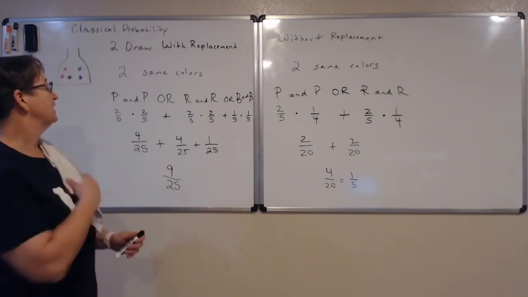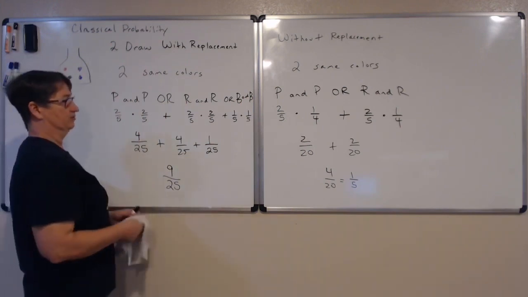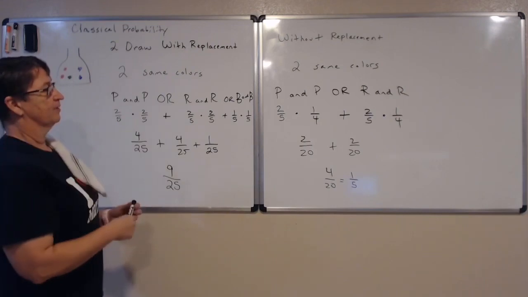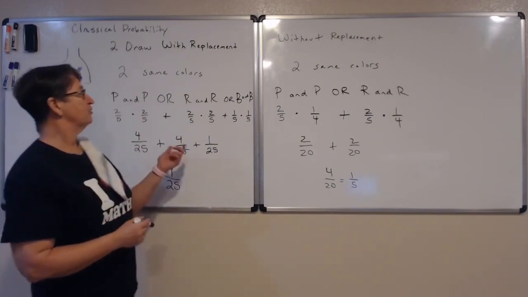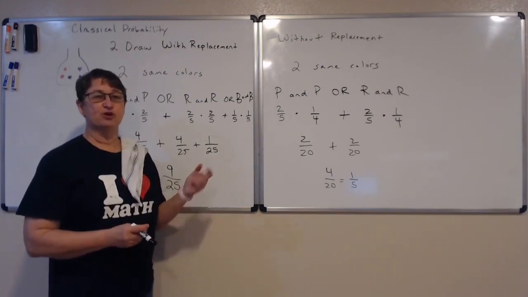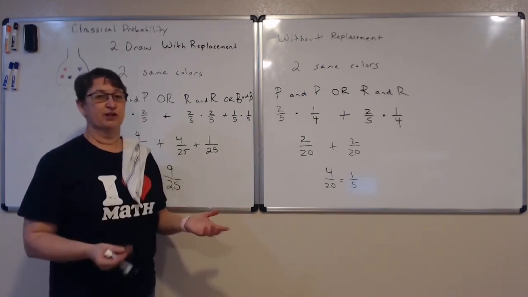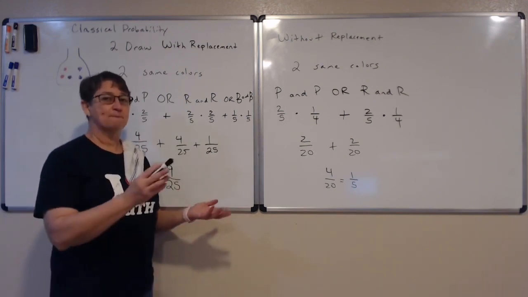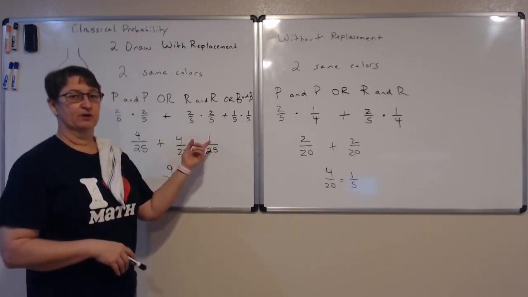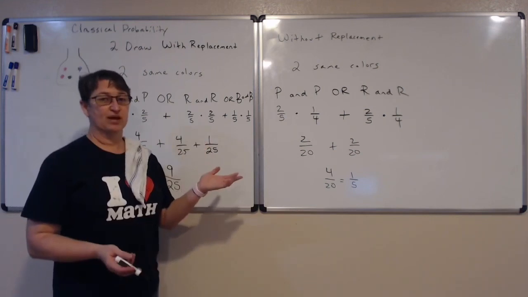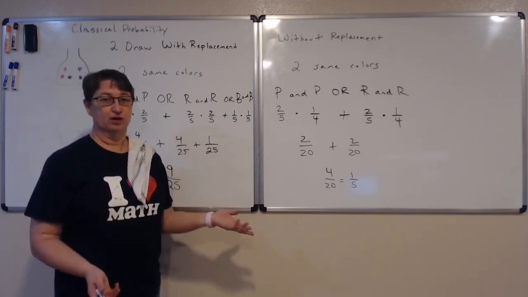All right, then we did yesterday 2 different colors. And I think we talked about yesterday that if you get 2 different colors, then that's the complement of getting 2 of the same. If I don't get 2 of the same colors, then I'm getting 2 different colors.